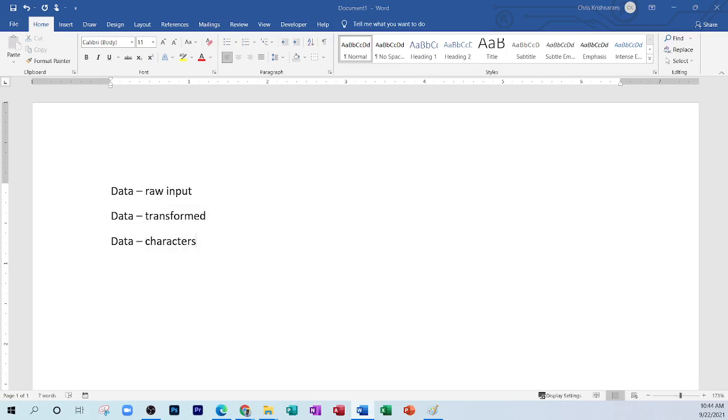So in essence, the term data basically refers to something that we humans do not understand or do not comprehend. That's why it is considered raw, because it's in a state that we might not recognize. So it has to be transformed into information, because information is what we understand.